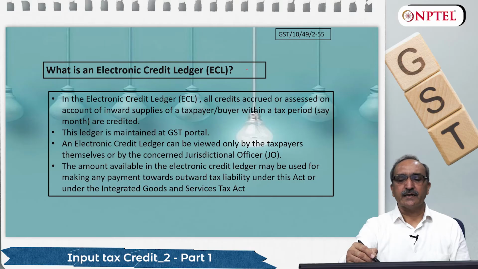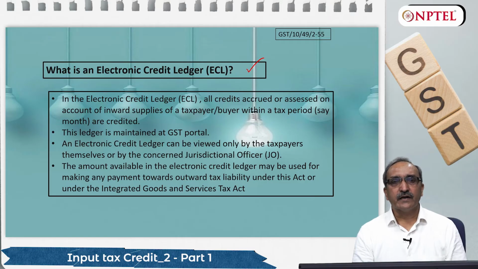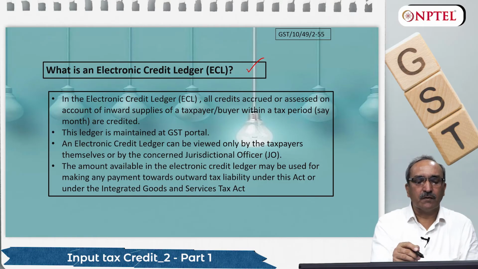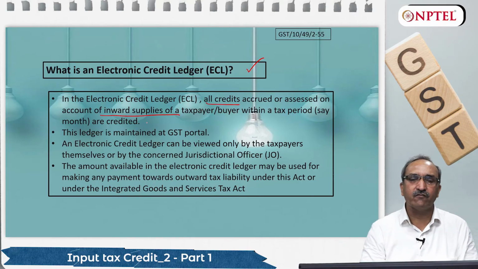So in the electronic credit ledger, as I told you, the credit available to me is credit of ITC. It says in the electronic credit ledger, all credits accrued on account of inward supplies.